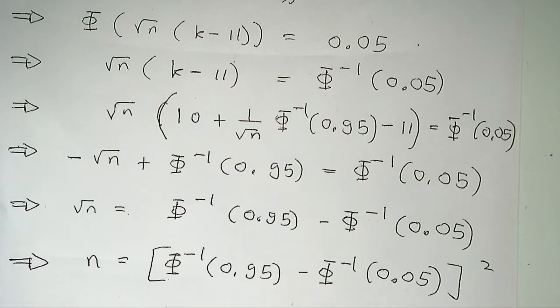So you see, this is a two-part question, where the first part is asking you to find the value for k. K is the number in the rejection rule. The second part is asking you to find the sample size n, given the value for beta. Beta is the probability of type 2 error.